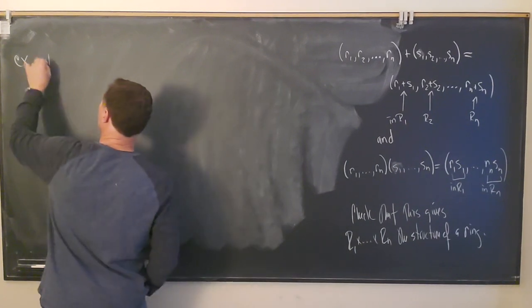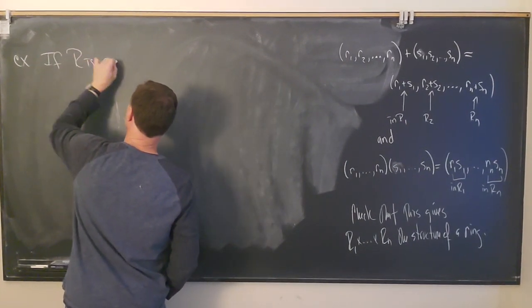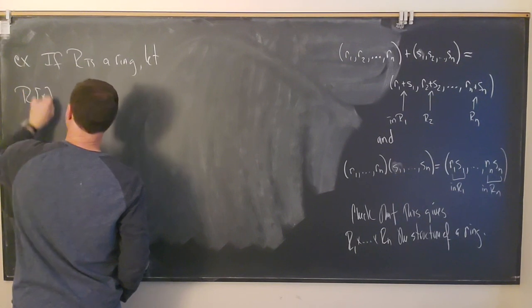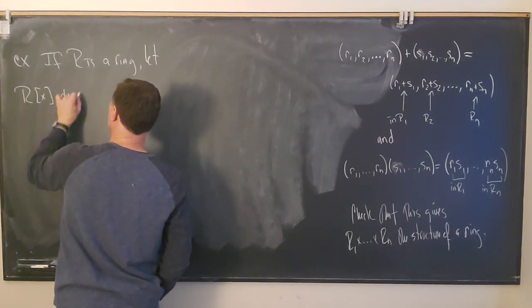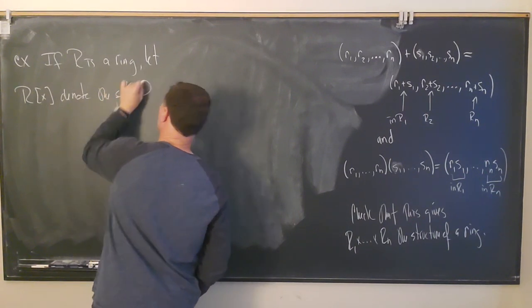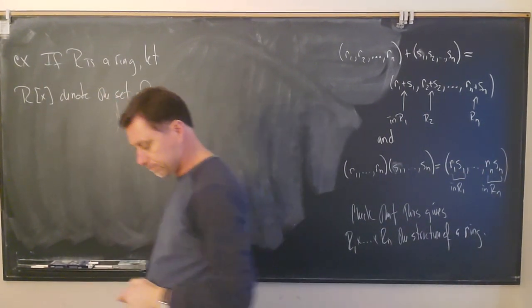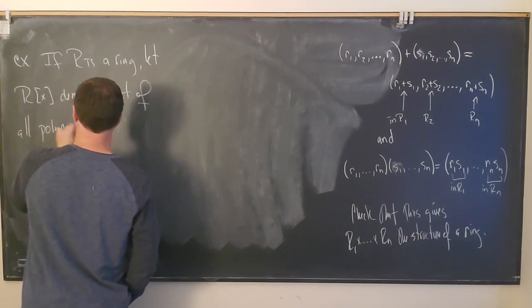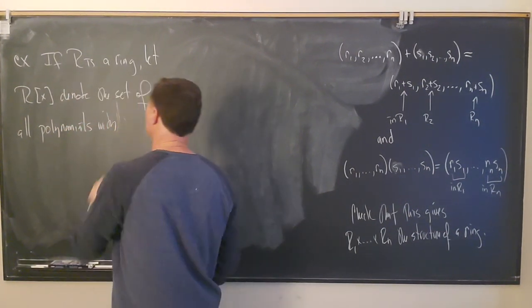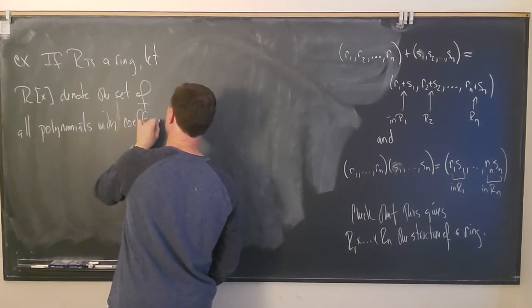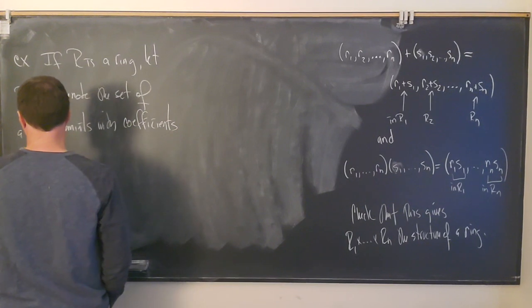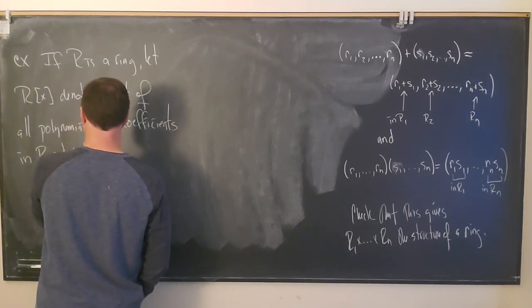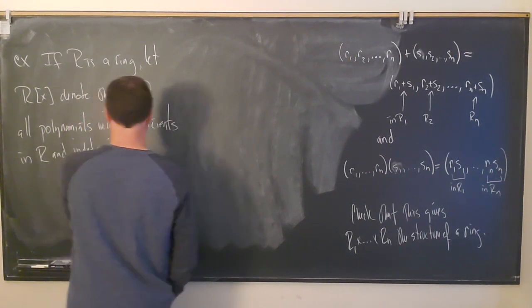So if R is a ring, let R[x] denote the set of all polynomials with coefficients in R and variable, or indeterminate, little x.